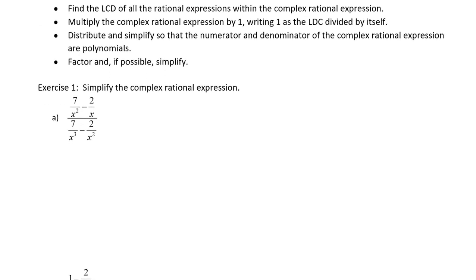Let's give the first one a try. We have 7 over x squared minus 2 over x in the numerator, and in the denominator 7 over x cubed minus 2 over x squared. Now remember, with least common denominators, in this case we could think of our denominators as the denominators of every fraction that is in the complex rational expression, as the numbers or factors that we need to look at to determine our LCD.